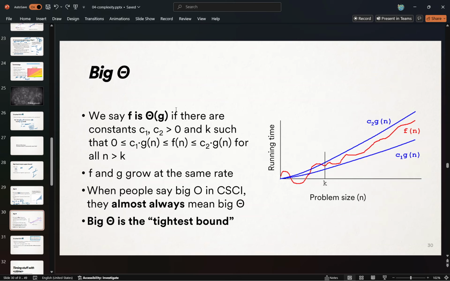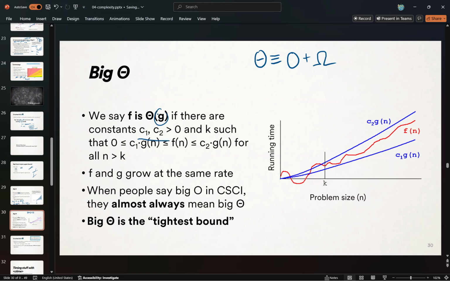And the definition is pretty much saying that. I want you to think of it this way. The mathematical definition does not explicitly say that, but you can infer it. So big theta is equivalent to big O plus big omega at the same time. It's the only one they could possibly share. It's like you're sandwiching your function in between this thing g. So f is big theta of a function g if you can find two constants.